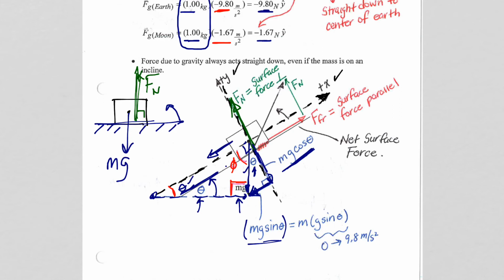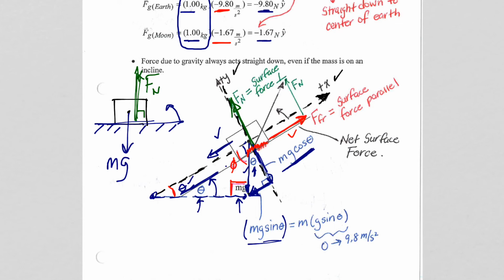If there's friction between the box and the incline, and this is just a peek ahead because we're going to look at friction in a couple pages of notes in more detail, then we would have a frictional force opposing that mg sine theta force down the incline, and now we would have two competing forces for the motion. We would have mg sine theta, and we would have the force of friction. Notice the force of friction will never ever win out and drag the box up the incline.